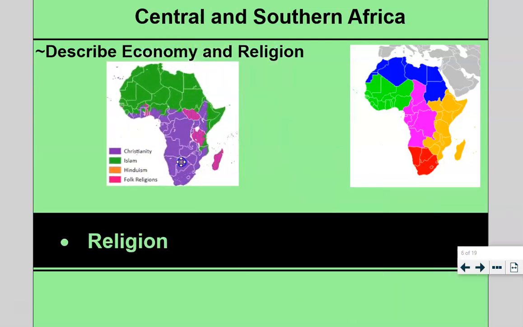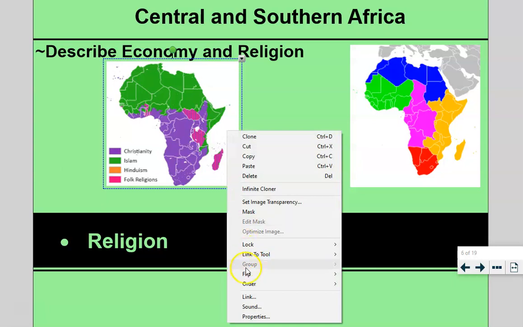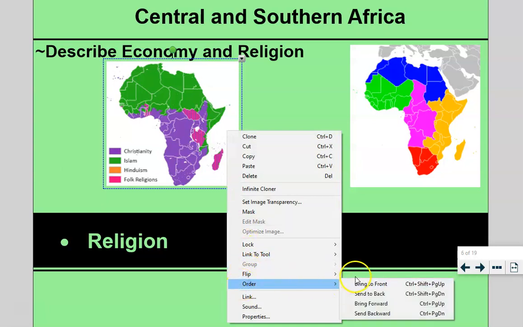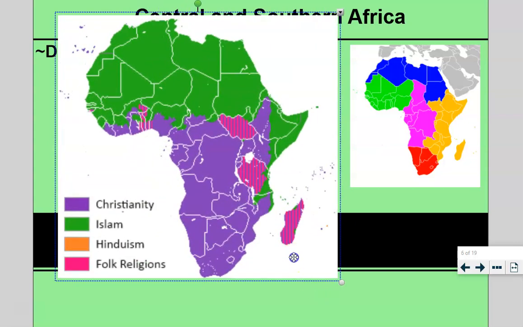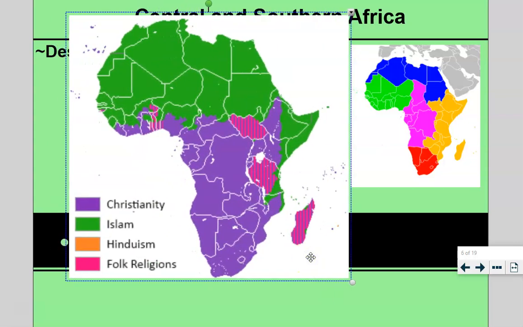When it comes to religion, just grab this map here. Just want to get it to the front. There we go. When it comes to religion, we see lots of Christianity. All right, this is just kind of an interesting map too. So Christianity is in the purple. You have Islam in the green. There's some pockets of Hinduism on some islands here off Africa's east coast. It might be hard for you to see through the screen.